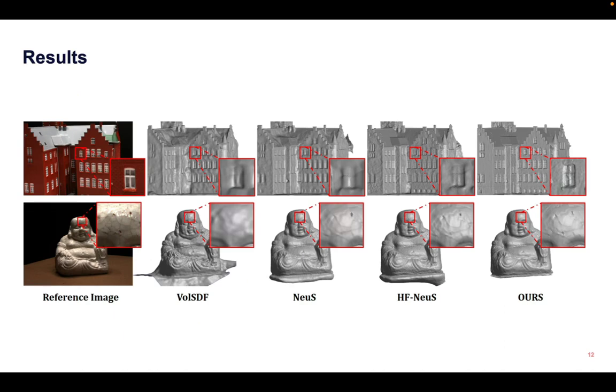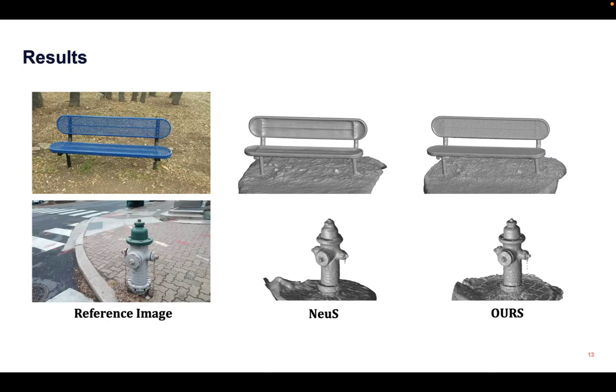For the detailed dataset, the reconstructed surfaces by PET-NeuS preserve fine-grained details. For instance, the holes between the eyes of the Buddha and the windows are more obvious. For the CO3D dataset, the reconstructed fine-grained structures are a lot better than what can be achieved with NeuS.